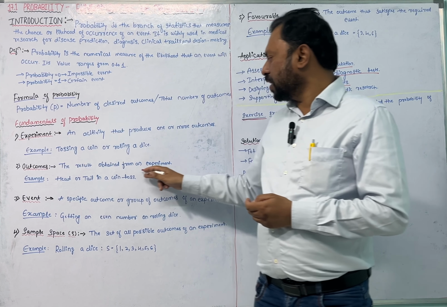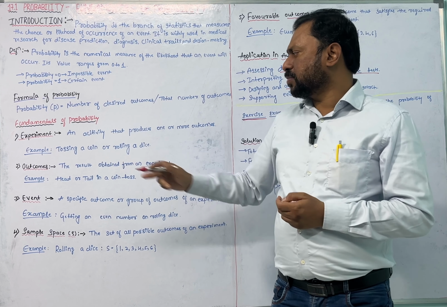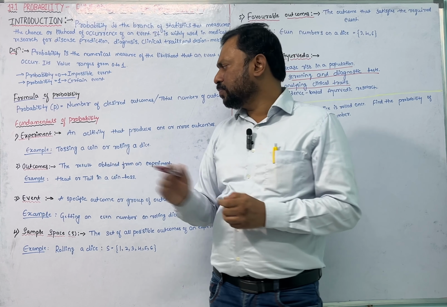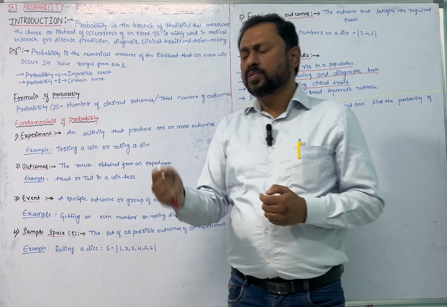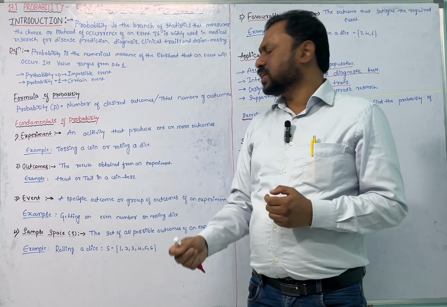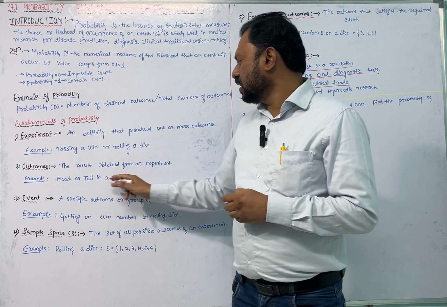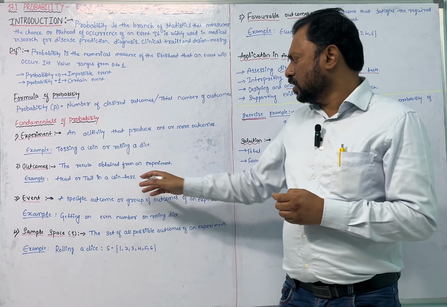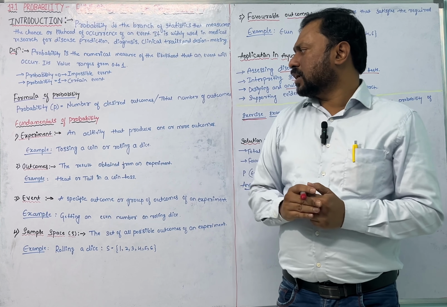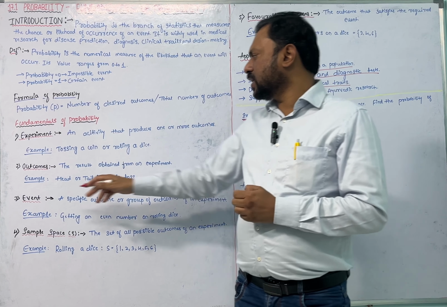Now what is an outcome? The result obtained from the experiment is called an outcome. For example, if you toss a coin, the chances are head or tail. This is called the outcome. The next one is the event.